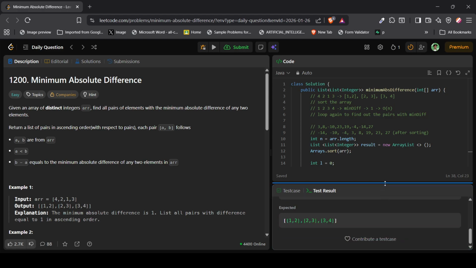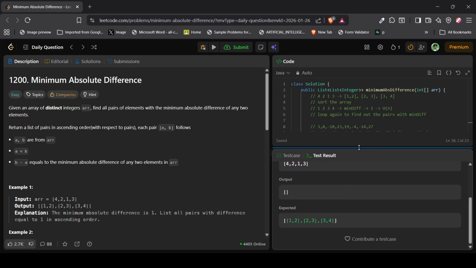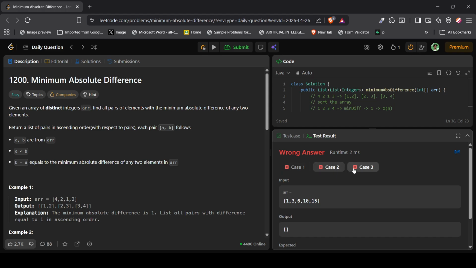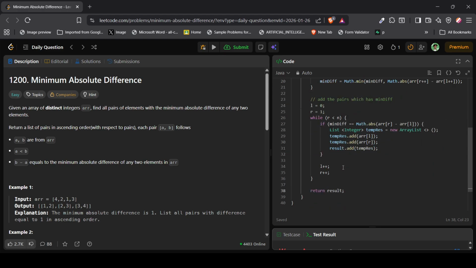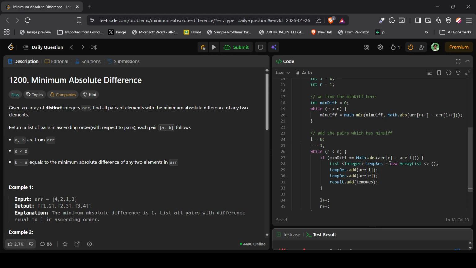What did I do wrong? Okay, so something is wrong. I think we are having some problem here, array r minus array l.